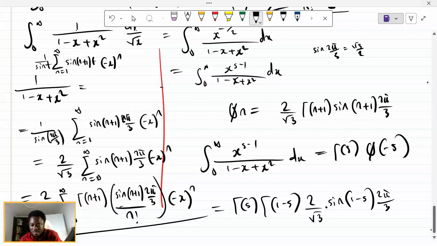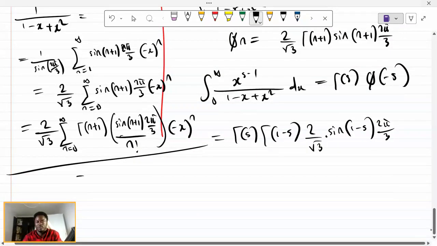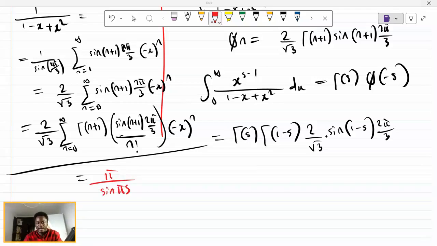Let's check. Yeah, everything is here. So now all we need to do is to simplify this expression. So then we have this is equal to pi over sine pi s, times 2 over square root of 3, then you multiply sine of 2 pi over 3 minus 2 pi over 3 s.